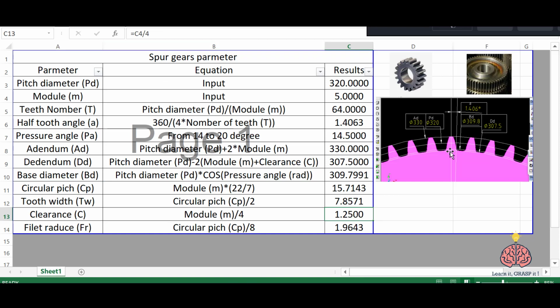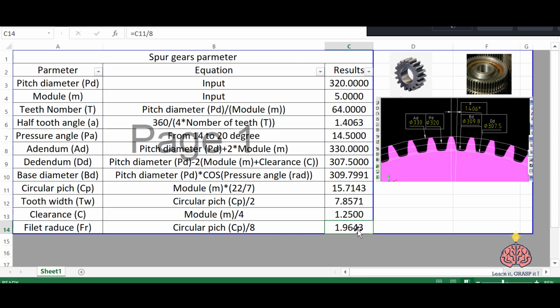Fillet radius, we make a fillet after we finish our involute drawing. Circular pitch divided by 8. Here 1.9643 is the result of C11 divided by 8, the circular pitch over 8.